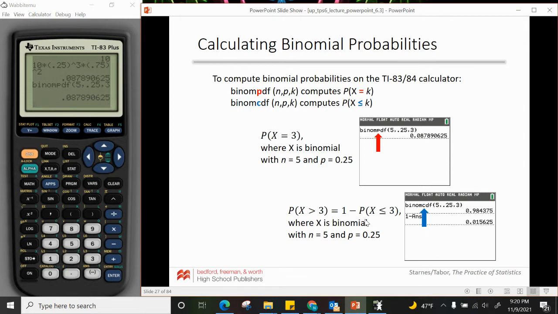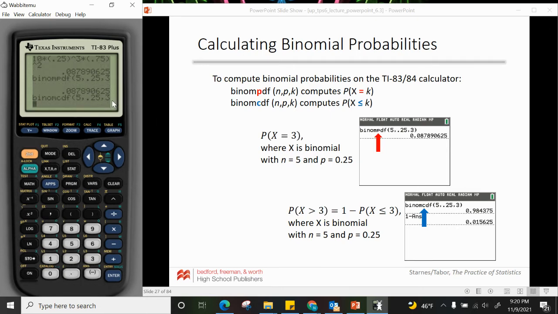Now, if I wanted the probability that X was bigger than 3, I'm now going to use CDF. So second vars, go down to binomial CDF. However, remember, CDF always goes from the left up until the cutoff point. So if I want the probability of being bigger than 3, well, that's 4 or 5. So what I'm going to do is binomial CDF 5, comma, 0.25, comma, 3.